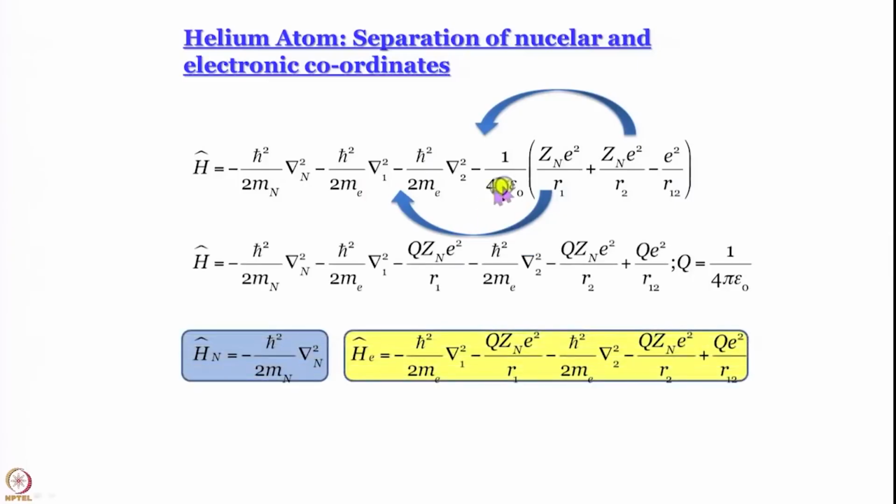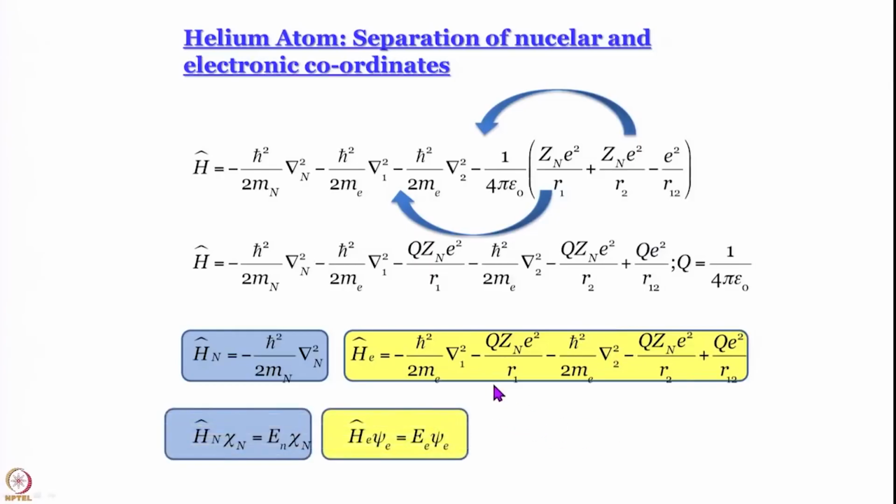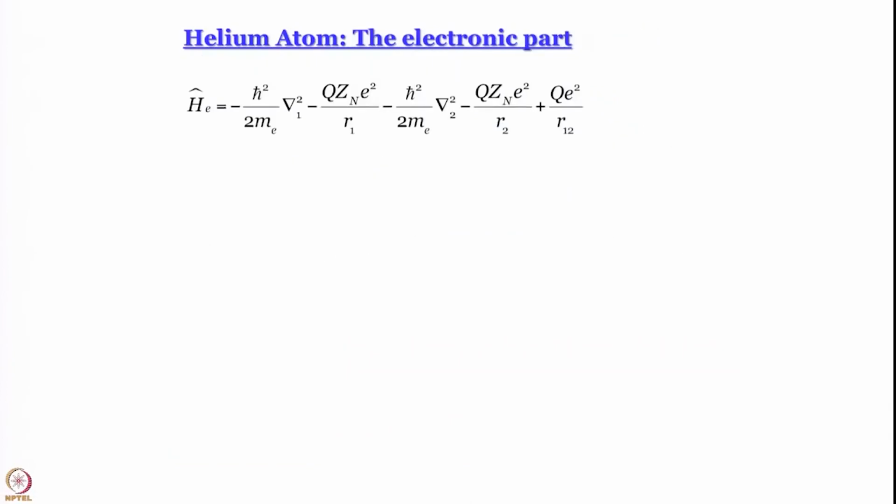Out of this, the first term is basically the nuclear Hamiltonian, do not worry about it, we only worry about the electronic part of the Hamiltonian, because the Hamiltonian for the nuclear part operates on the nuclear part of the wave function. You take the wave function to be a product of a nuclear part and an electronic part like in the hydrogen atom, and you just do the separation, exactly the same treatment as the hydrogen atom. So, we will not discuss it again.